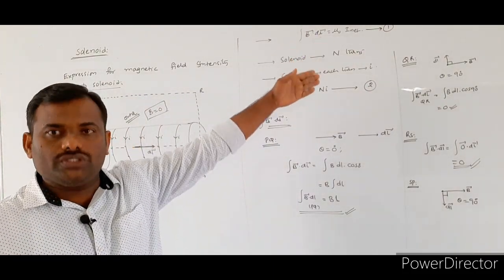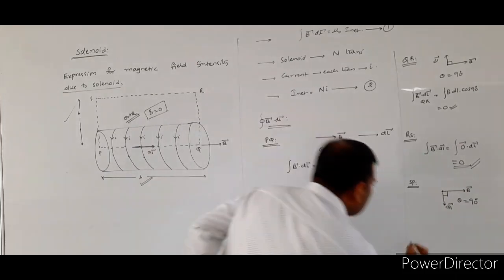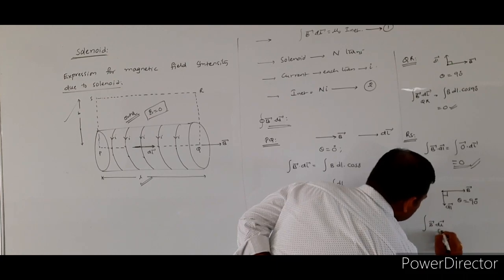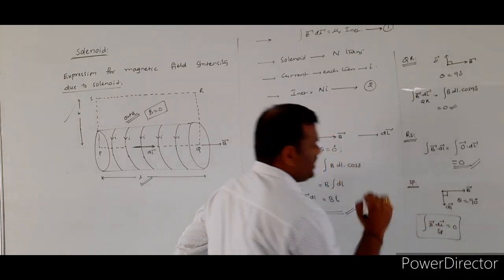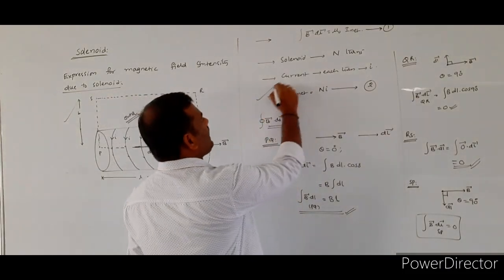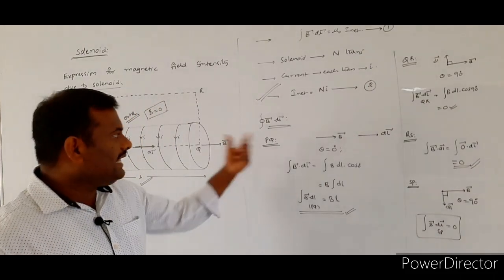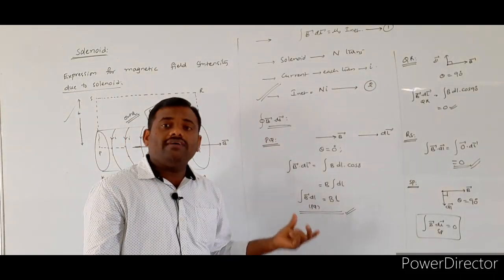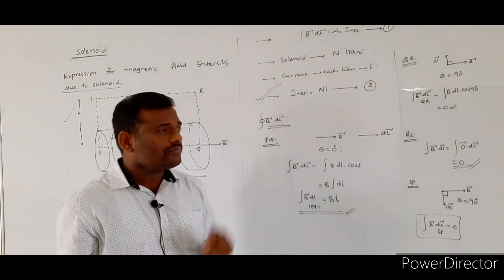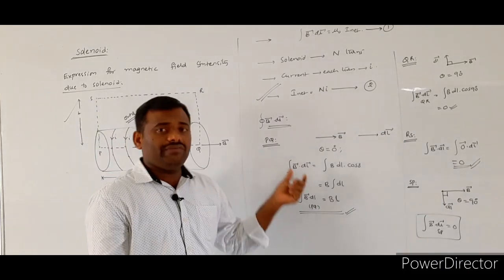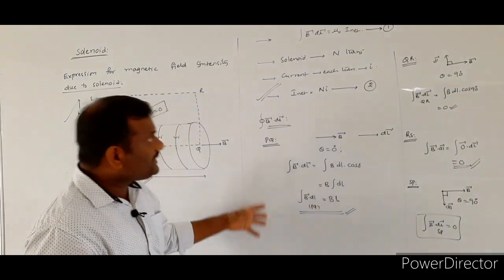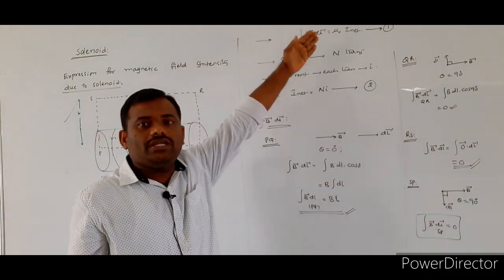Similar to the QR portion, the line integral of B bar dot dL bar for the SP portion is also equal to 0. So the left side values, the line integral of B bar dot dL bar, have been calculated for each and every portion, that is PQ, QR, RS and SP. Now, we substitute all these values in equation number 1.